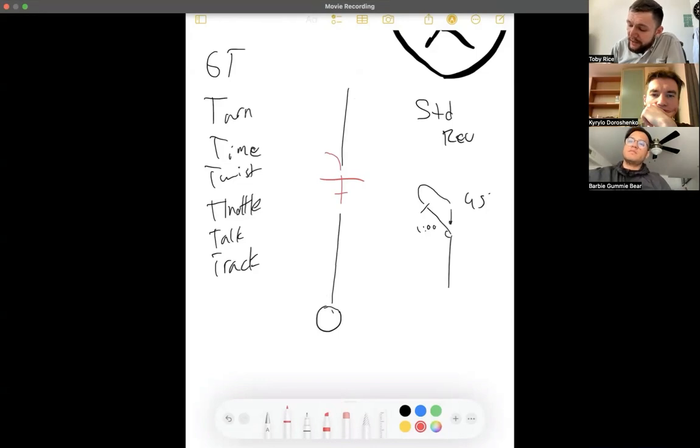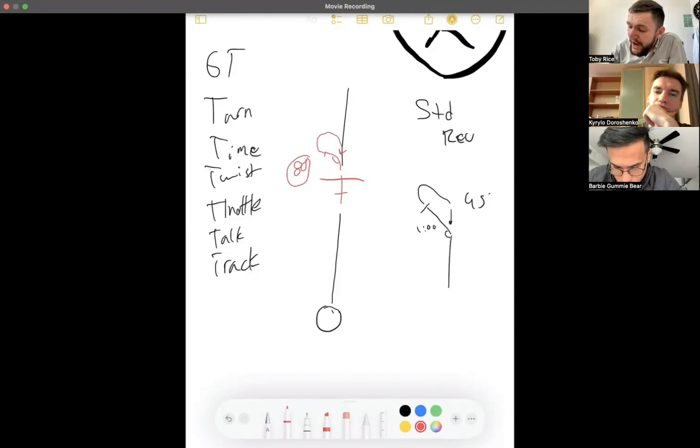Not quite 90, right? But like 80 degrees of heading change, standard rate or whatever. And as soon as you hit 80 degrees, immediately turn the airplane the opposite direction back to your inbound course.